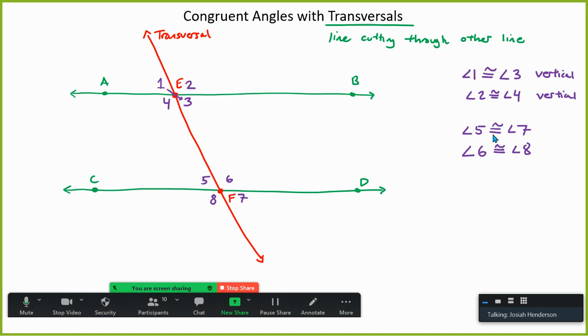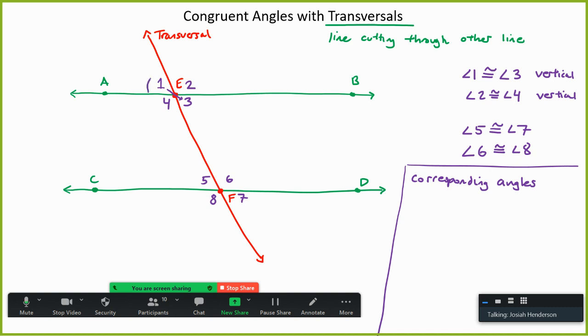Now, there's a couple more congruencies going on here. We can actually compare the top set of angles, the 1, 2, 3, 4 angles, to the bottom. Because the two green lines are parallel, we get corresponding angles. So corresponding angles are angles that are in the same position. The green lines are parallel.